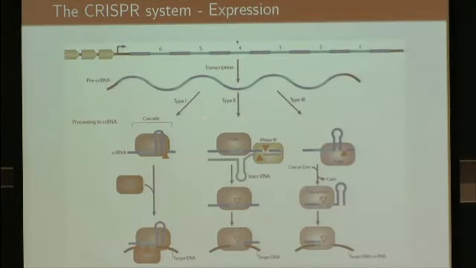This is not important here, just that there are different proteins or even functional RNAs that cut these repeats, and then the spacers base pair with the invading DNA, and then the invading DNA is degraded.